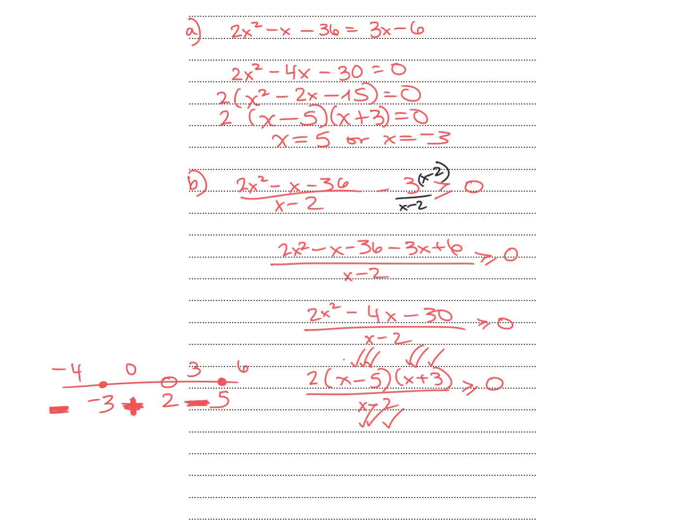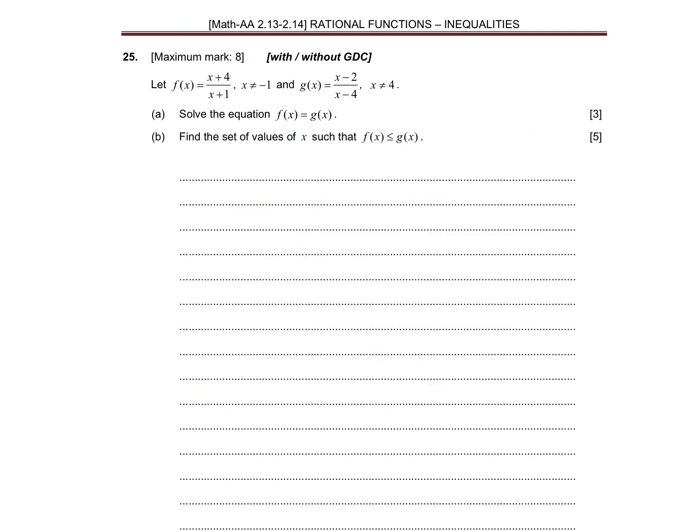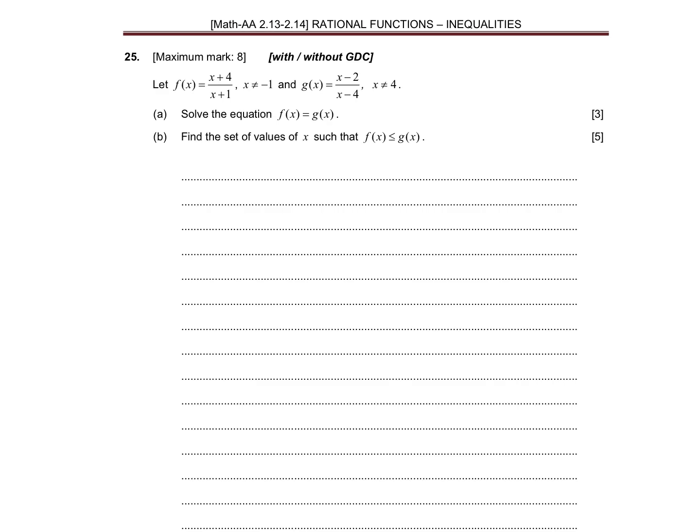And 6 is positive, positive, positive. So it's greater than or equal to 0 from -3 included to 2 not included, or x greater than or equal to 5.